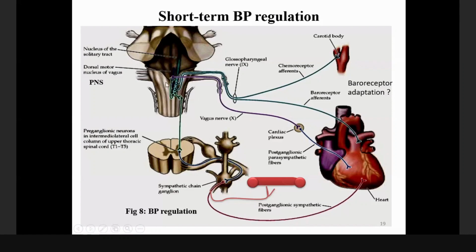Then there is integration there, and a command is made, and that command goes to your heart so that your heart rate is reduced, and your blood vessels dilate, so that your blood pressure is reduced if it was increased, because blood pressure equals heart rate times stroke volume times resistance.